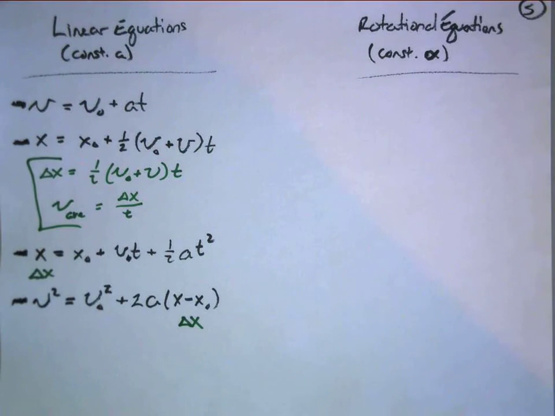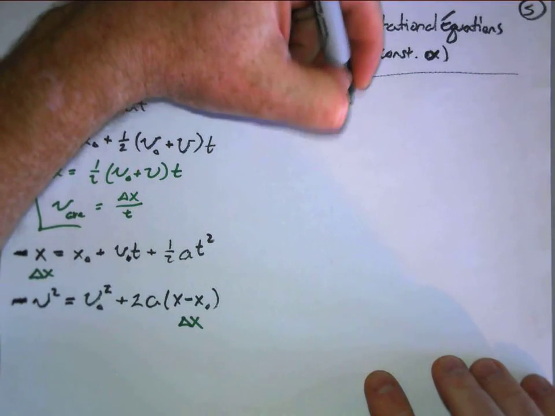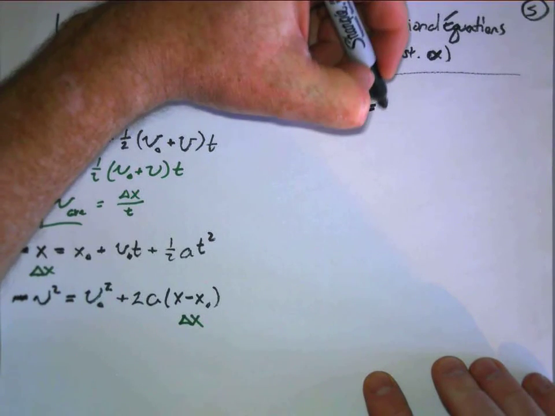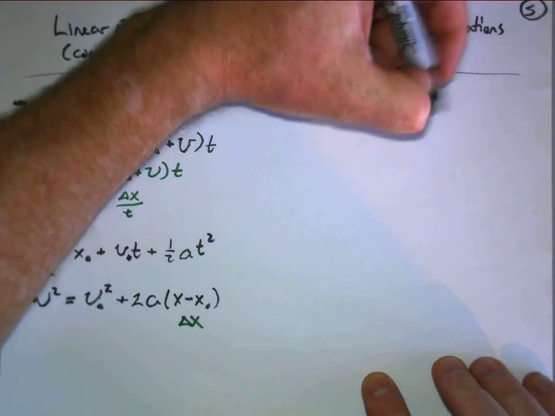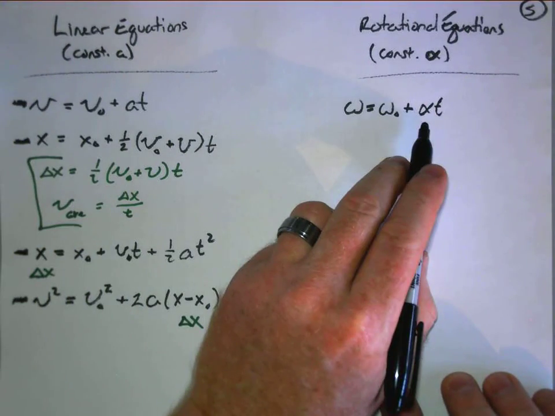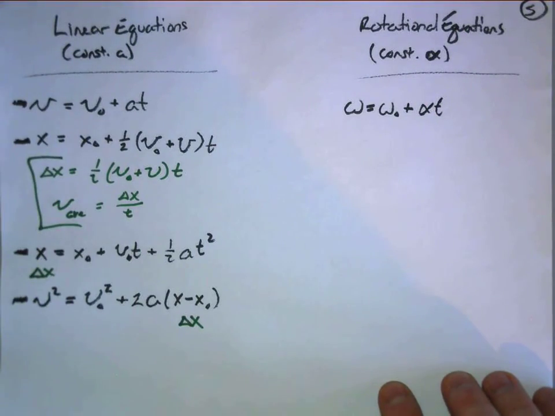We have a corresponding equation for rotational motion for each of these. So here we go. You already saw this one. Final angular velocity equals initial angular velocity plus angular acceleration times time.